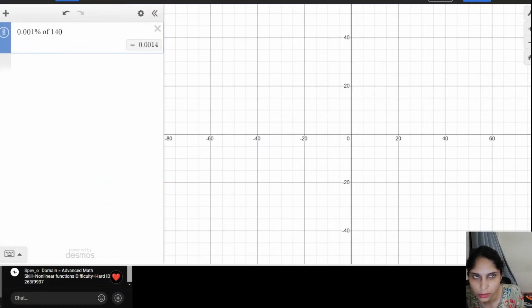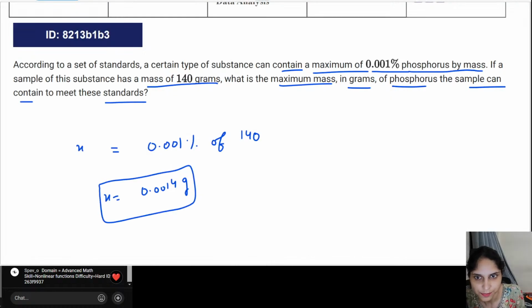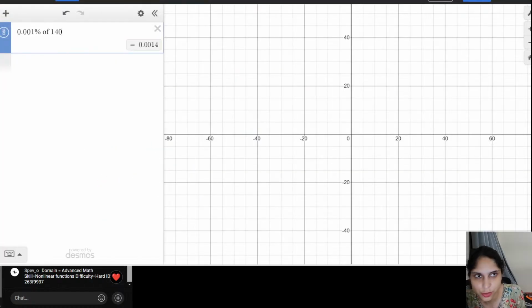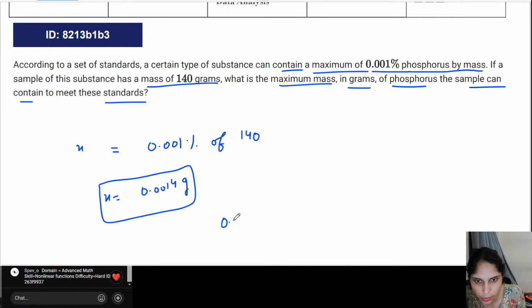So 0.0014 is your answer, because 0.001% is phosphorus.